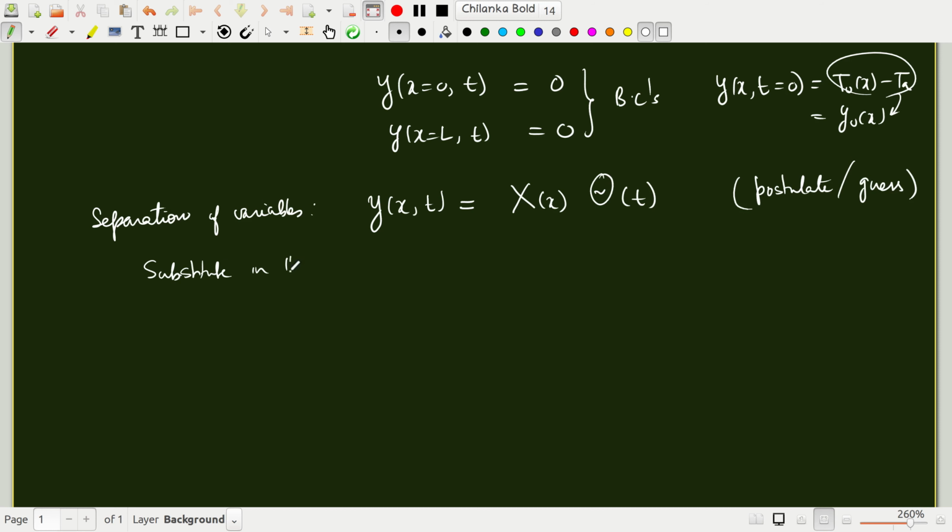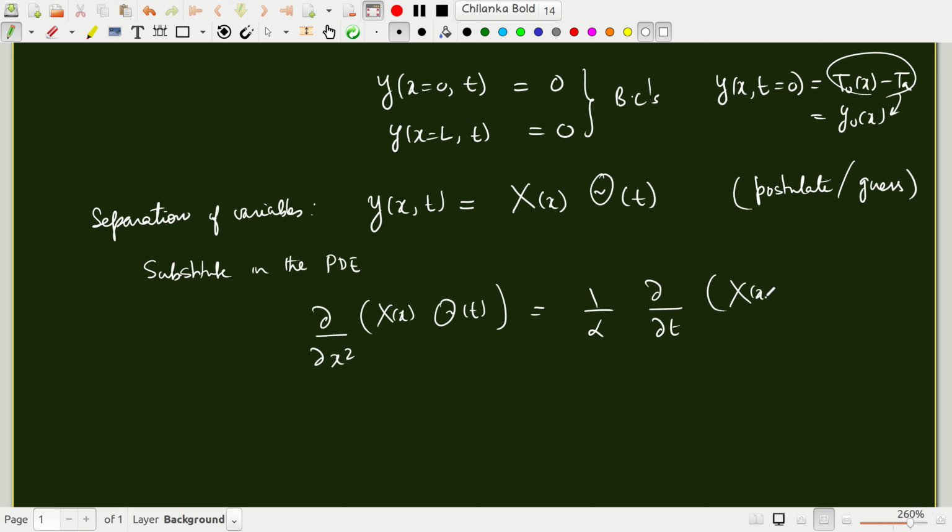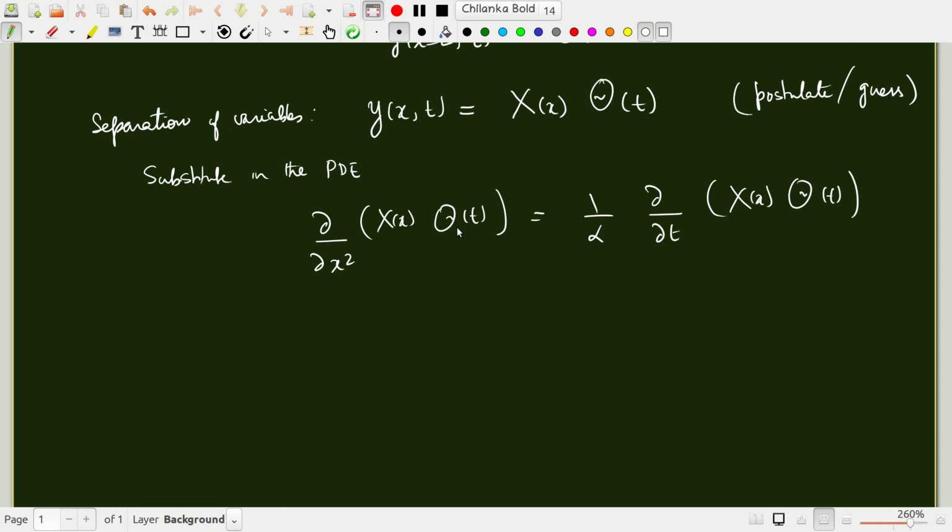So I'll get partial by partial x squared of X of x Theta of t is equal to 1 over alpha partial by partial t of X of x Theta of t. Now Theta is a function only of time, so in this expression I can pull this out.